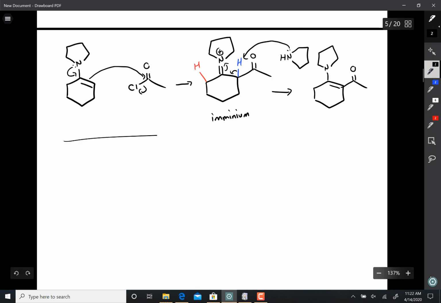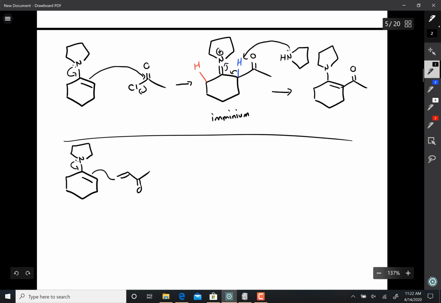Now, in terms of the other reactions, say the Michael acceptor, and then as a proton source, you have this ammonium come around that can take the proton.